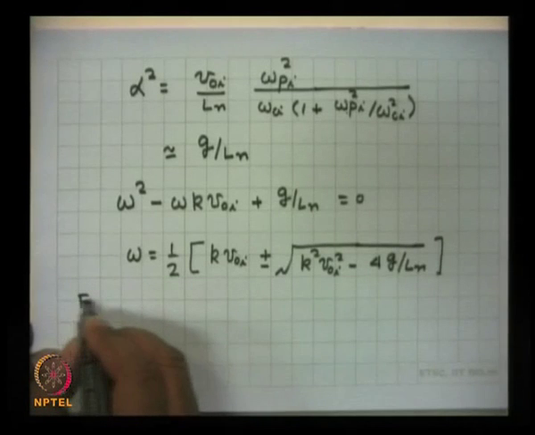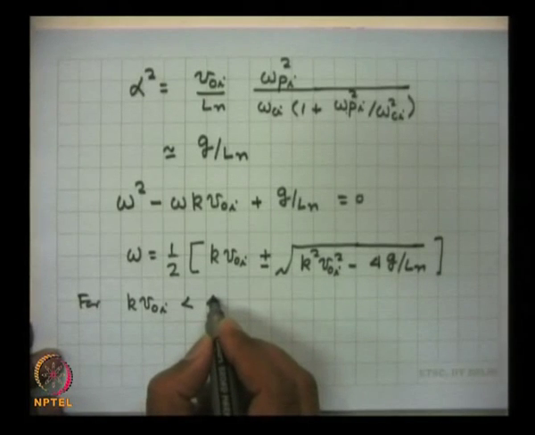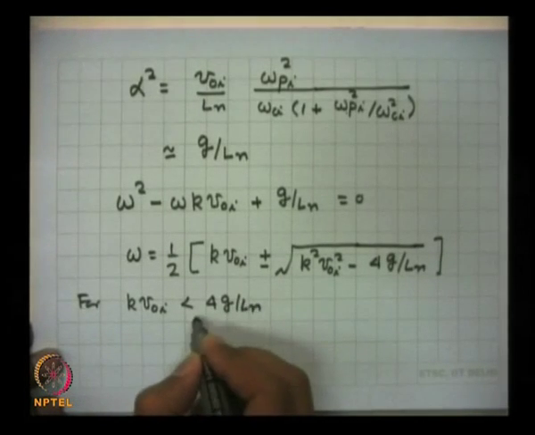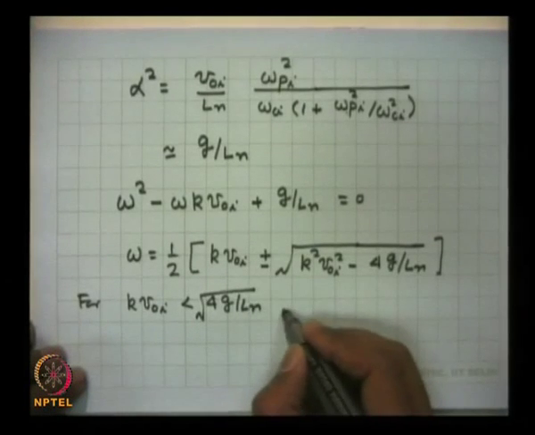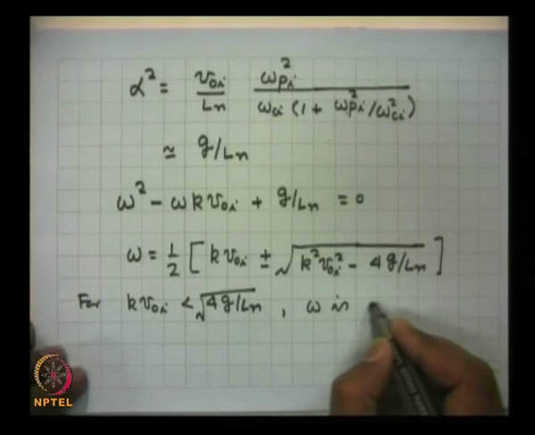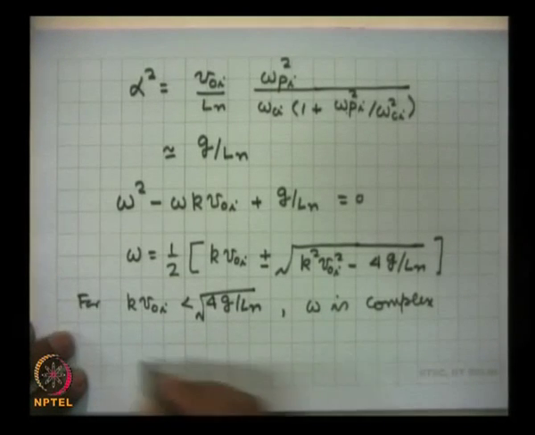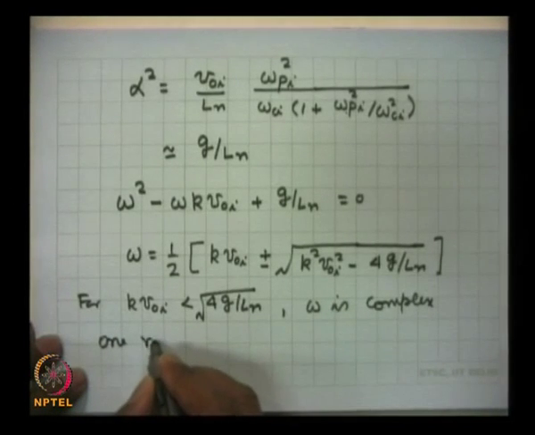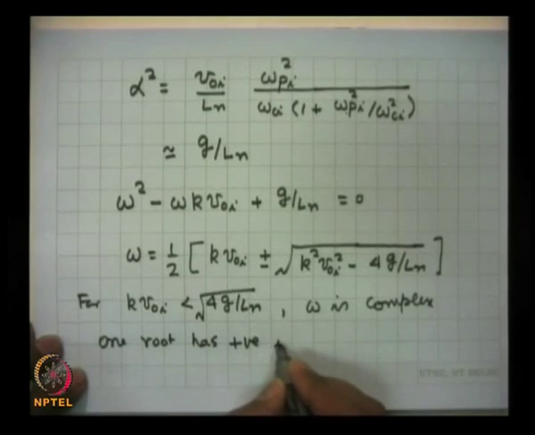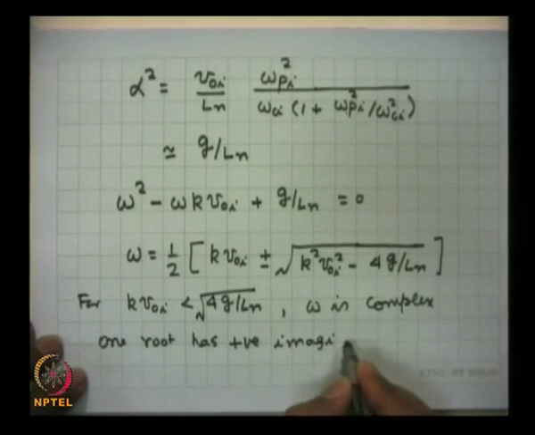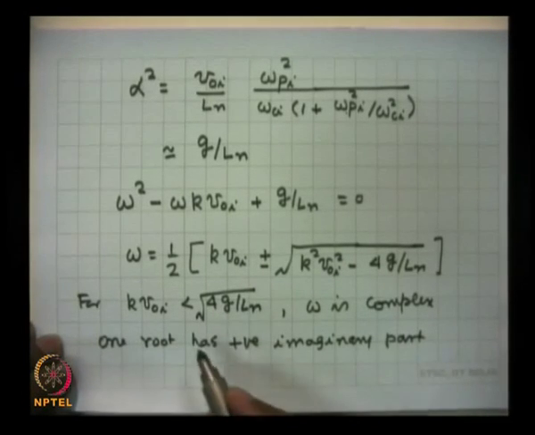However, for kV0I less than the under root of 4 g upon Ln, whenever this quantity is less than this, omega is complex. And one of the roots will have a positive imaginary part, and that gives the instability.